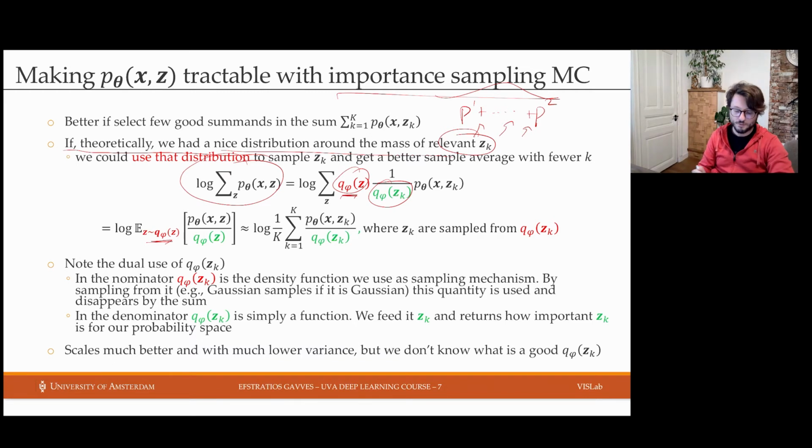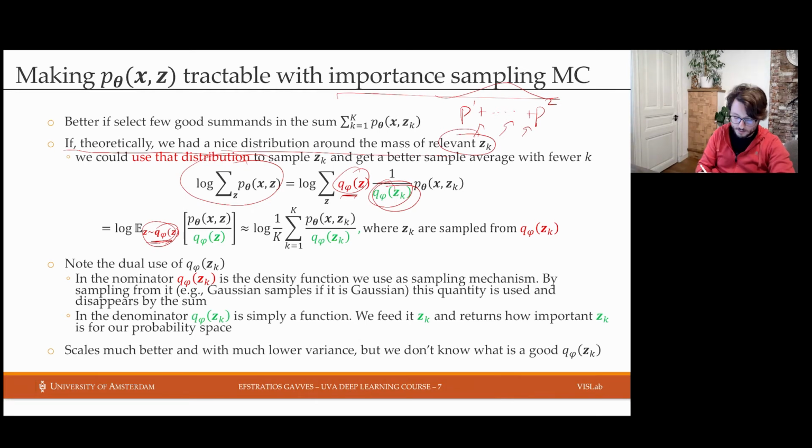If we were to pick, for instance, a Gaussian distribution here, we would represent Gaussian sampling. The green Q phi, on the other hand, acts as a normal function, which, given an input z, you obtain a value.